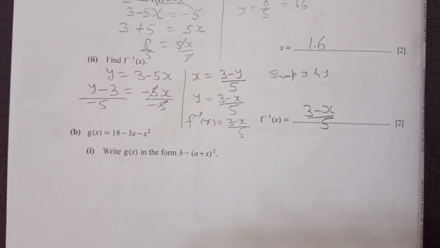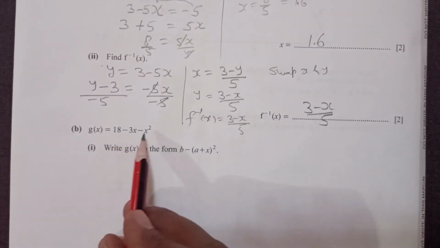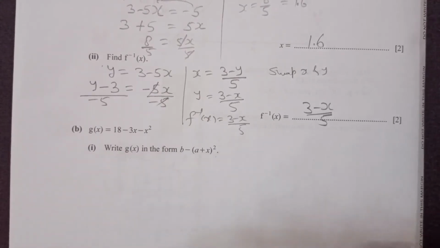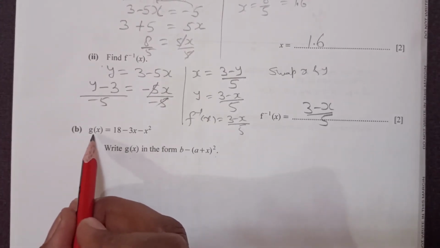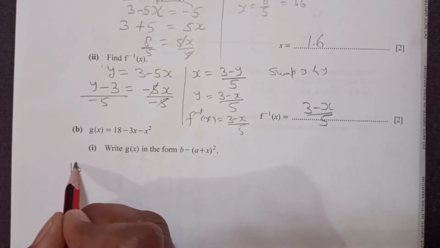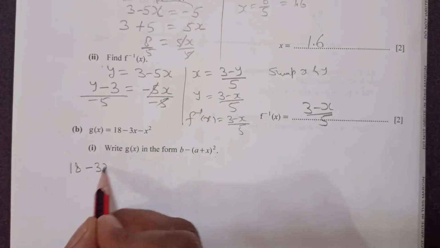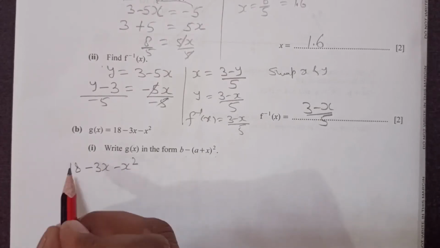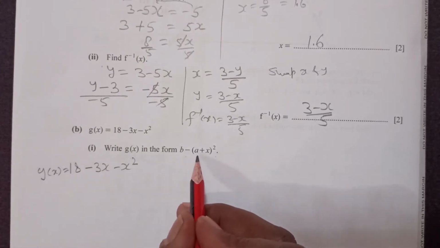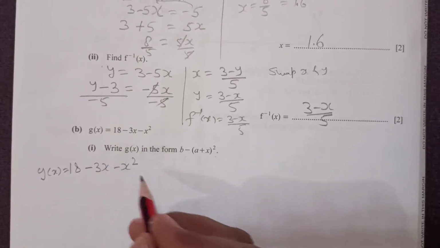Now write g(x) in the form. We are given this is the g(x) here. Write g(x) in this form in terms of a, b and x. So now g(x) is 18 minus 3x minus x squared. So this is g(x), and we want to write this into this form.